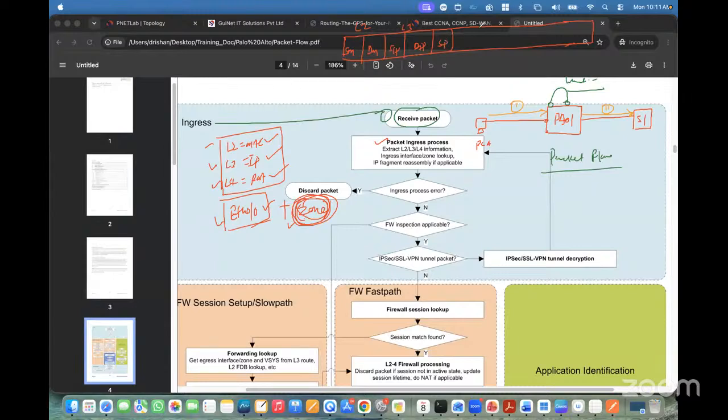We have the source port and destination port, layer 4, then we have the application and some additional information, then we have your payload. So this is the one packet format. So you're always going to check all this information whenever you check the packet information.